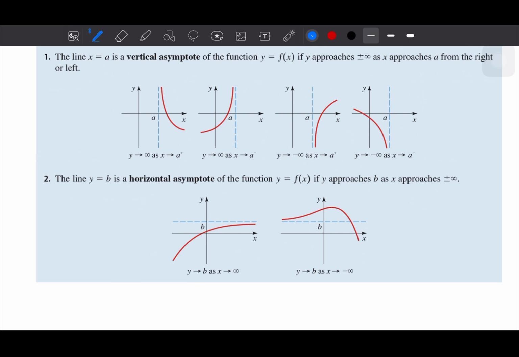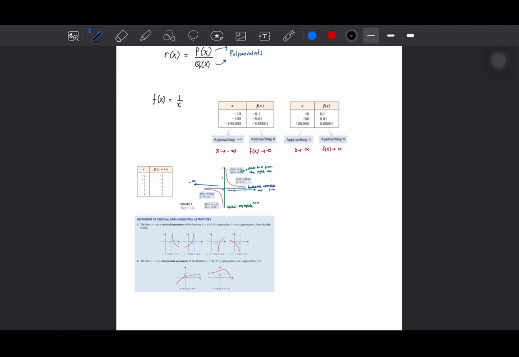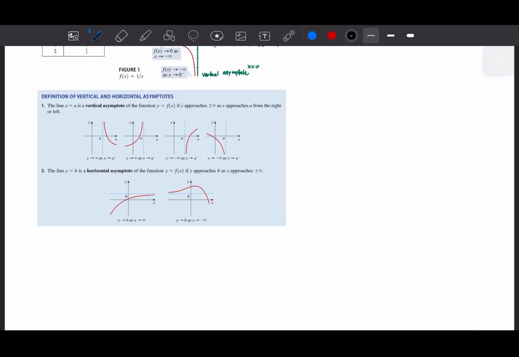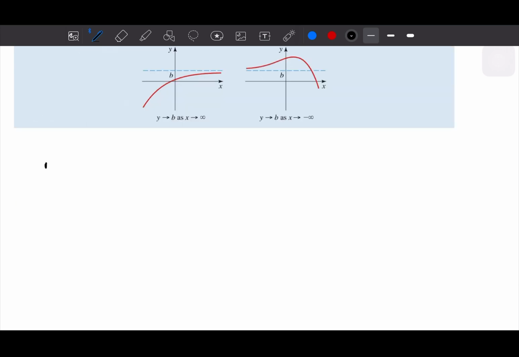Okay, now the next part. This is an introduction to rational functions. Perhaps we have 2 over x minus 3. Now we have our default function for rational functions. Let's say our default function is 1 over x, like that.